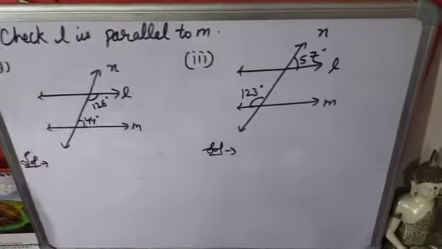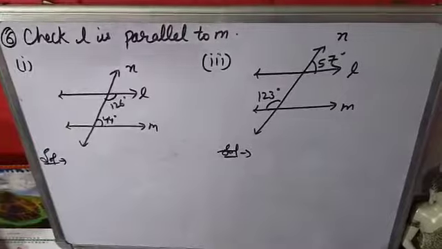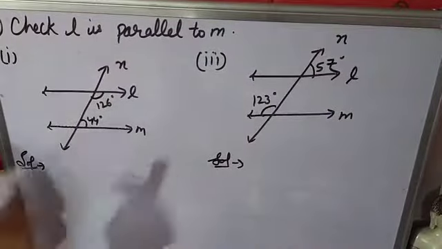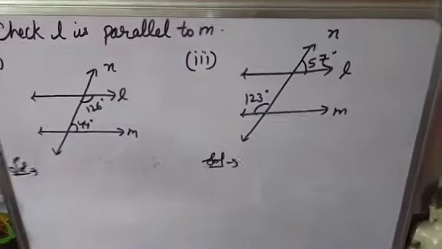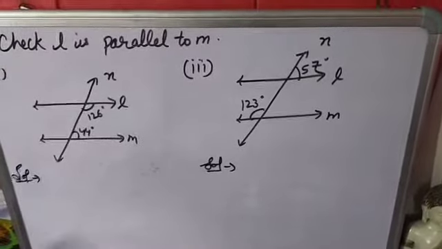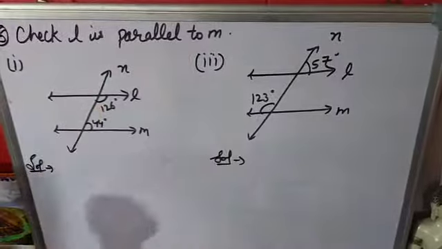Now the sixth question. In this question he is saying check whether L is parallel to M. Now you have to check whether these two lines are parallel or not. So we will use properties. If any property is applicable here, then it means these lines are parallel.